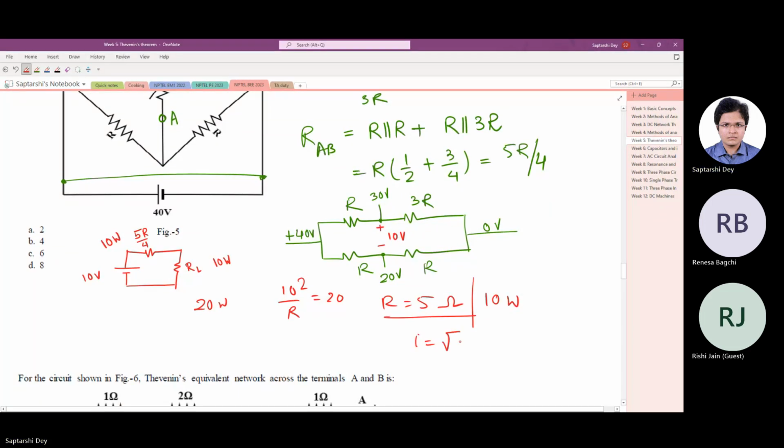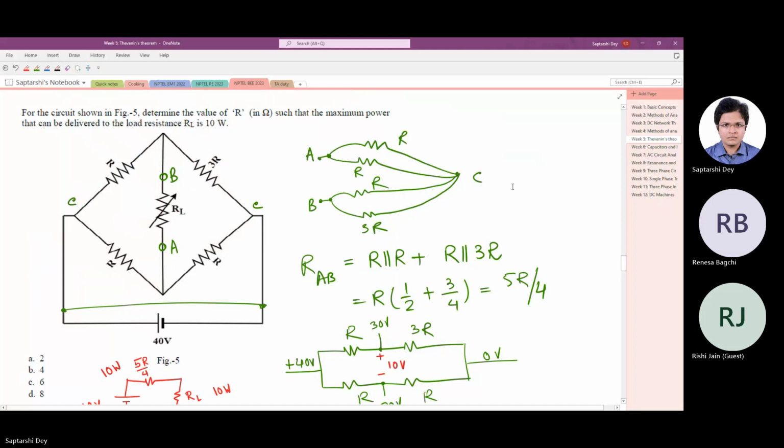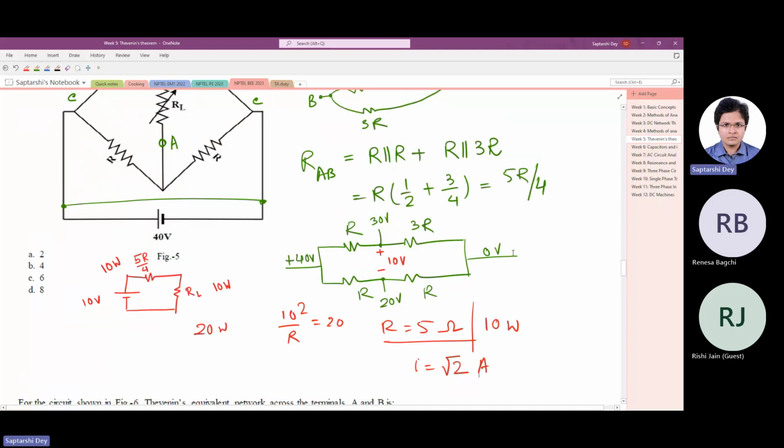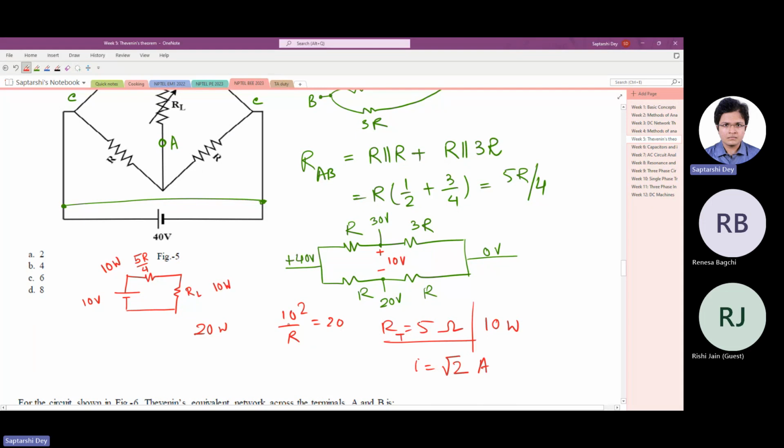Root 2. Is this what you were getting, Vanessa? Oh no, sorry, R is not 5. Sir, I am not getting this. R will be, no, wait. It is wrong. R is 2.5.